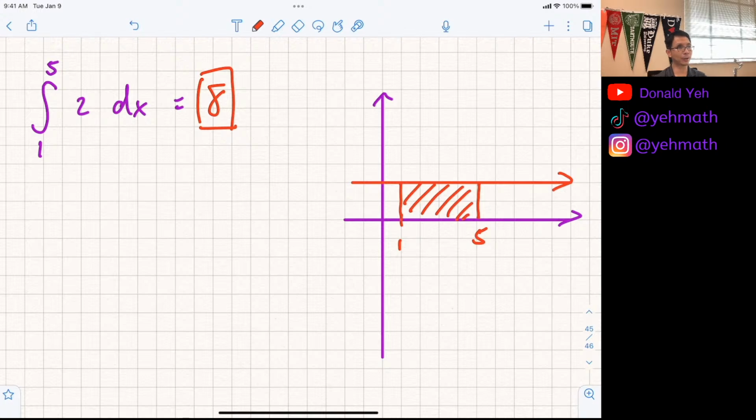If you use 999, it's just 999 multiplied by 4, because the width of the rectangle is 4 and the height is 999. It's just the area of a rectangle, so it's base times height. The function is defined by the height, and the base is the difference between the two boundaries.